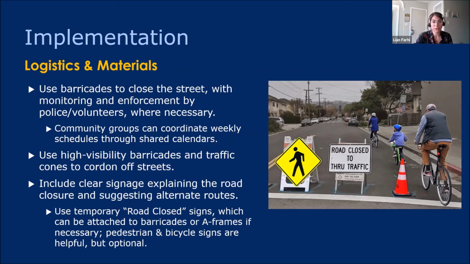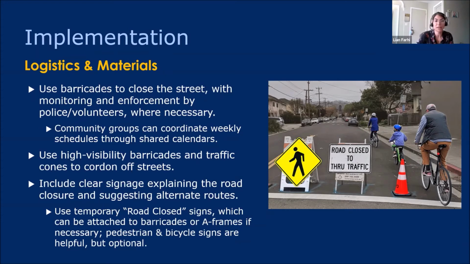You can look at location where you'll have volunteers do that, and other location, if it's a higher volume of traffic, you might want to have traffic enforcement made by the police. If we're looking at a volunteer group, then a community group can coordinate on a weekly schedule through the shared calendar about their assigned times for putting the barriers in and out.